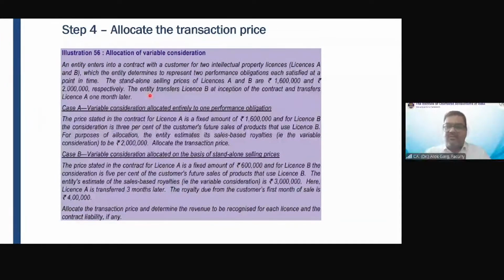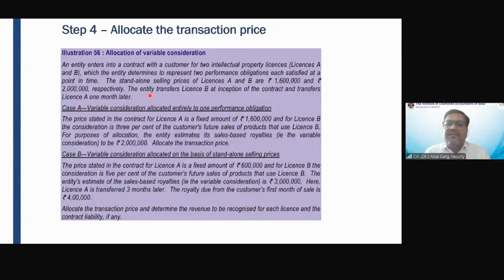The standalone selling prices of license A and B are 16 lakh and 20 lakh respectively. The total standalone selling price is 36 lakh.